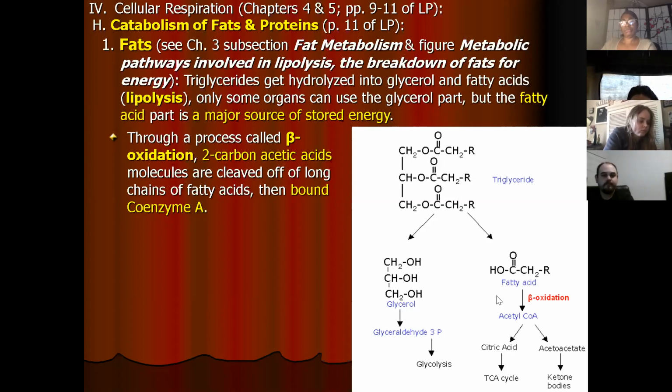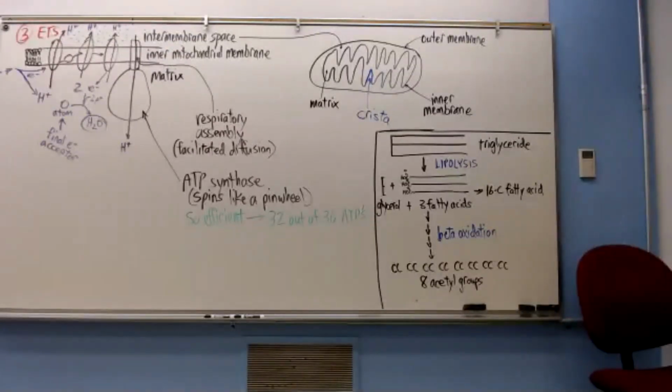This is called beta oxidation. And it's several reactions. That's why there's multiple. So here in this slide, it says lipolysis and beta oxidation, resulting in 2-carbon acetic acids or acetyl groups. And that's what I have there.